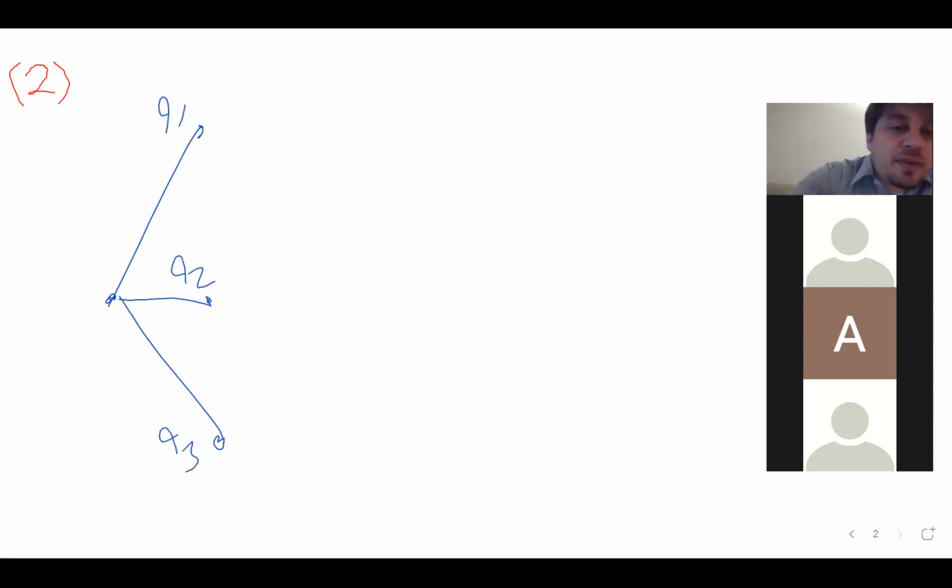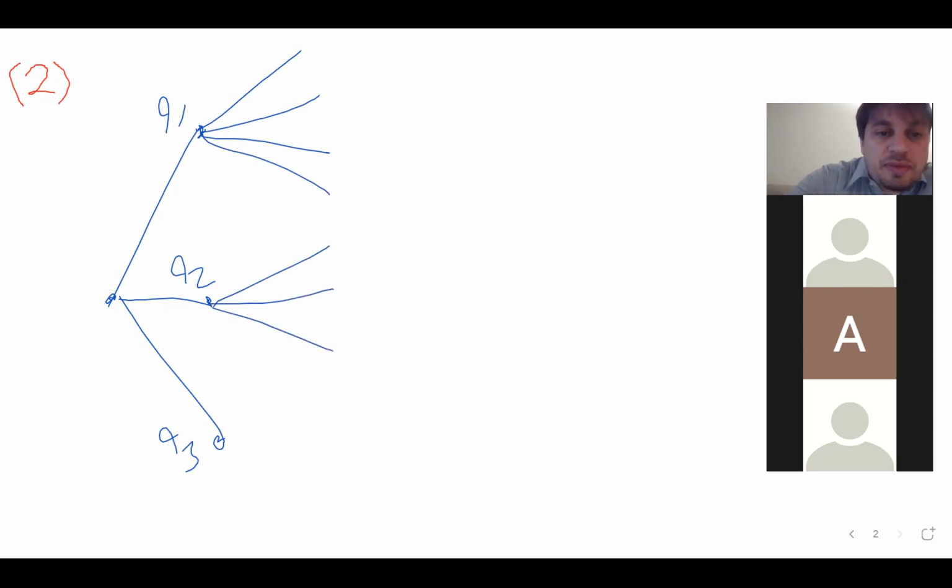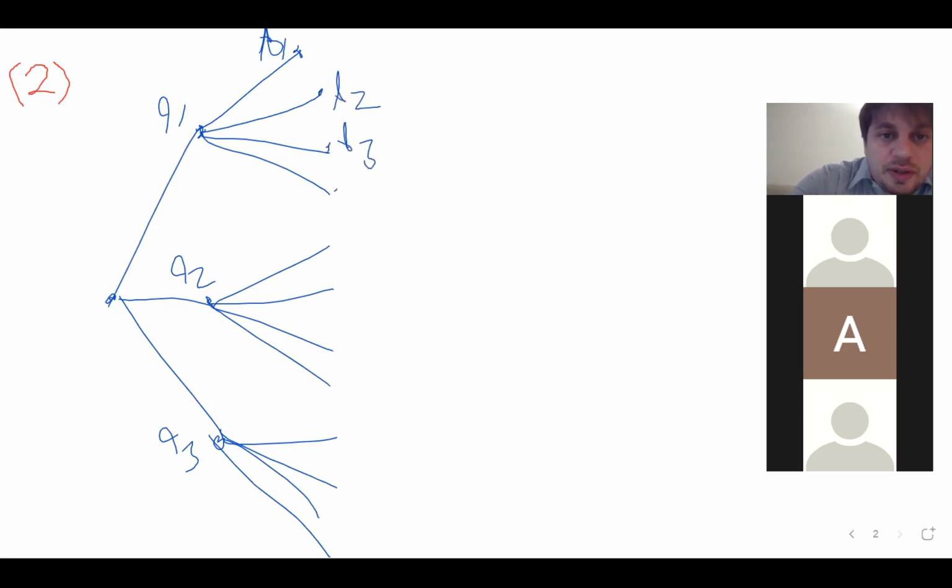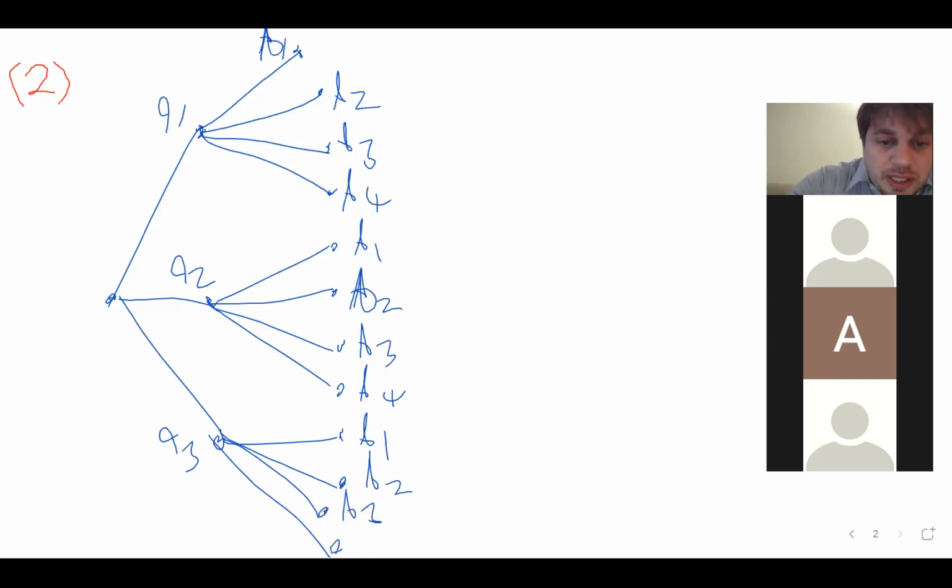And then after we choose one of those elements, we have 4 choices for an element from set B. You could choose B1, B2, B3, or B4, and likewise B1, B2, B3, or B4 for each of the other A's. So you have 4 choices afterwards for each of the A's.